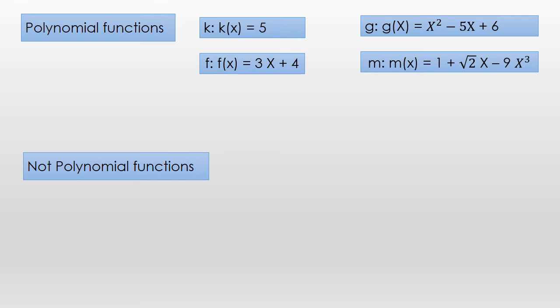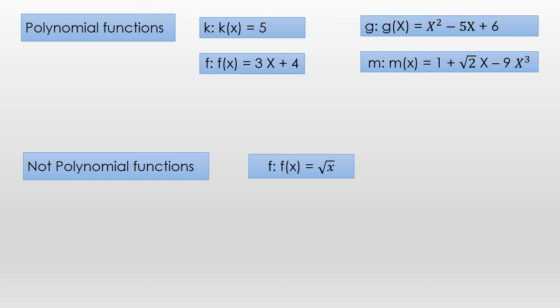Now, functions that are not polynomial functions, like this example, f of x equals root x. If we substitute any real number in x, we want to have a codomain value.